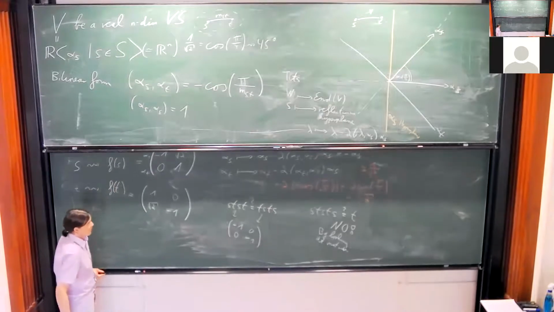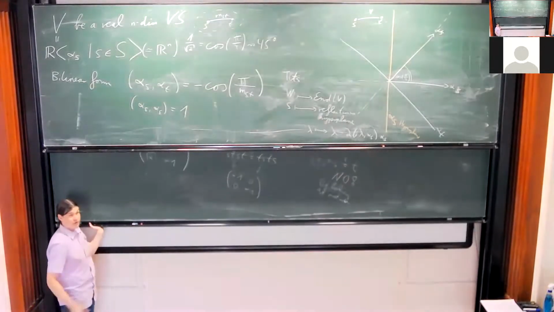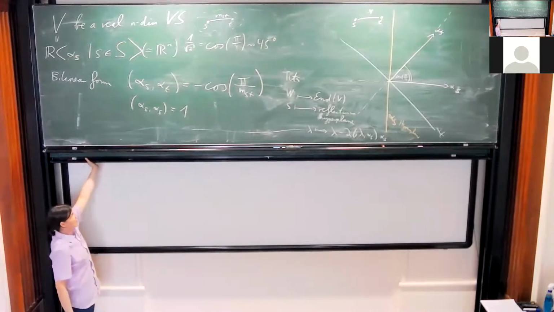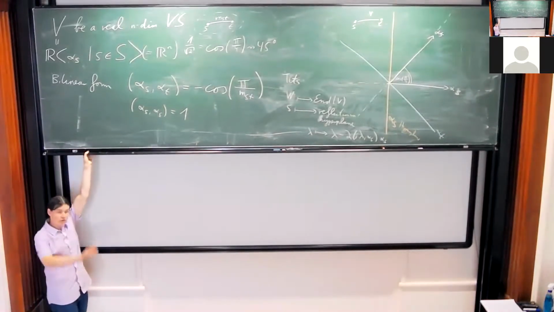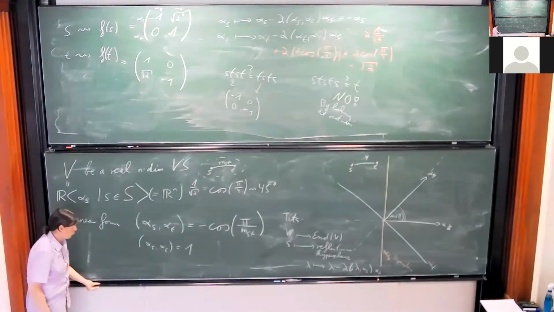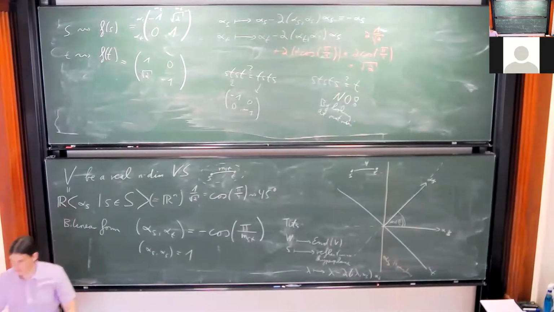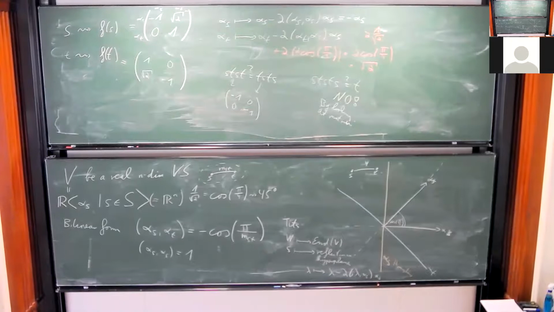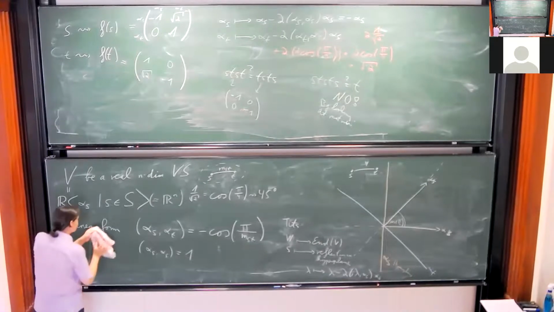Okay. While I'm cleaning the board to write down a few things we need for later, don't worry, it won't be too bad. But let me just summarize what we have seen while cleaning the board.